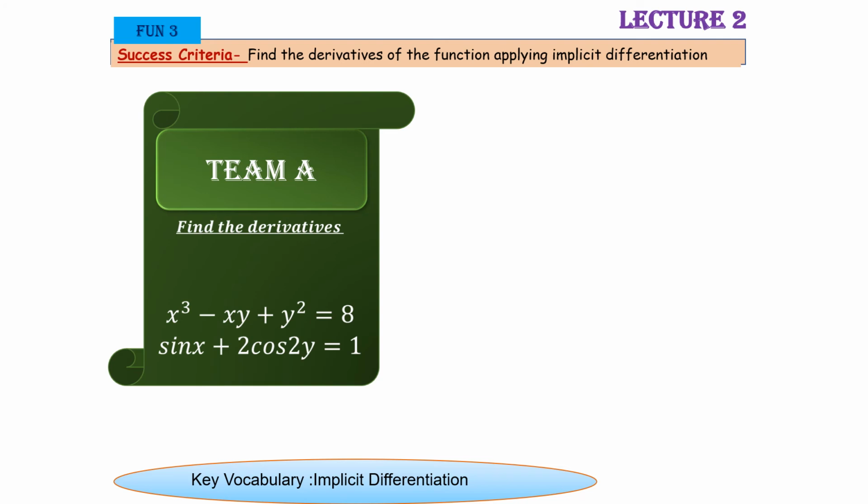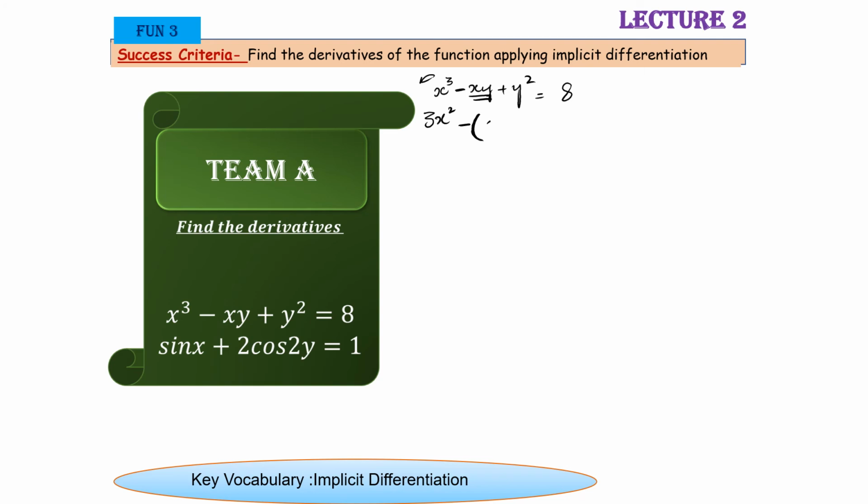We have studied almost all kind of methods. Here the question is x cube minus xy plus y square equals to 8. Take the derivative of x cube is 3x square. Here we will use the product rule, but since it is a minus sign, so please open the bracket.